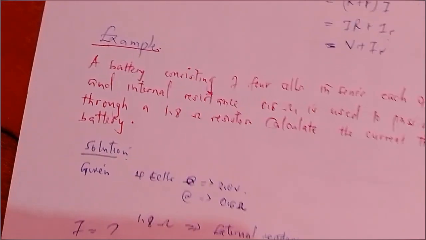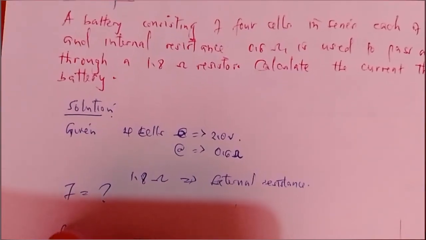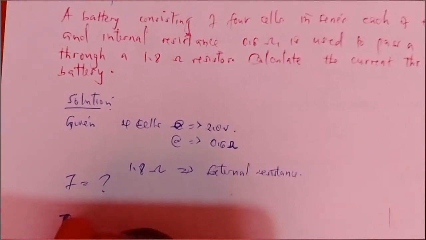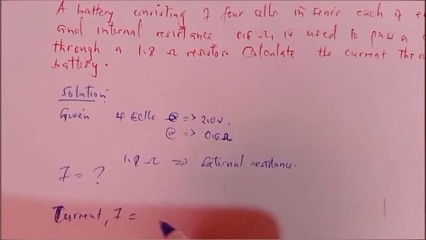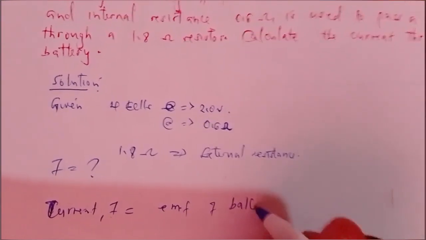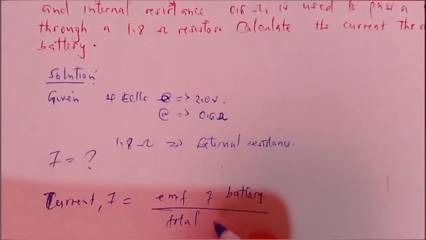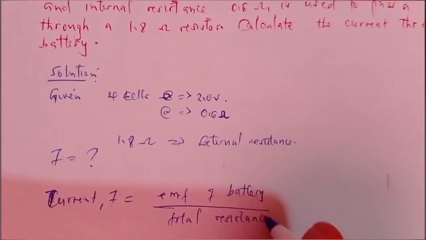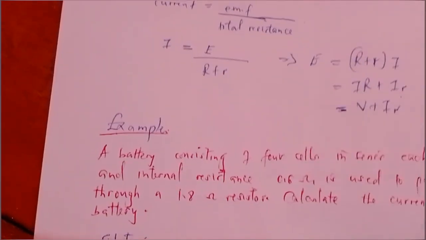So the current I through the battery is given by the EMF of the battery over the total resistance. Remember here, I is given by the EMF over total resistance.